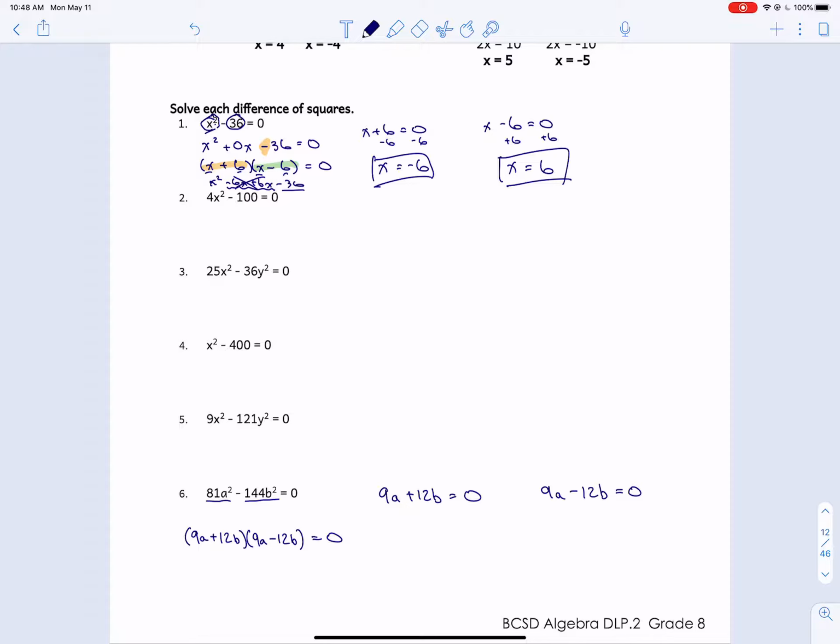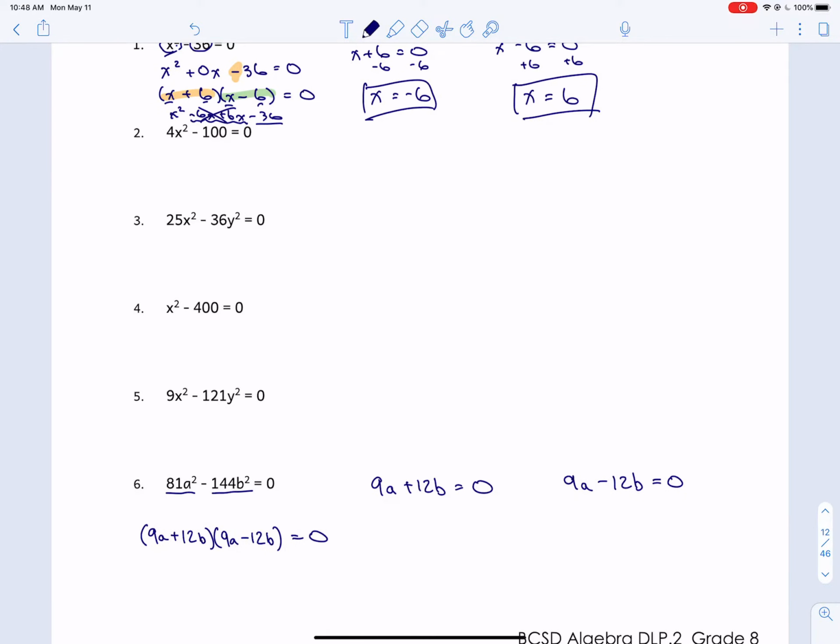So we could solve for one variable in terms of the other, but that's not really what we would be doing in class. If we were told, for example, b equals some value and solve for a, or a equals a value and solve for b, we could do that. So I don't really have that information.